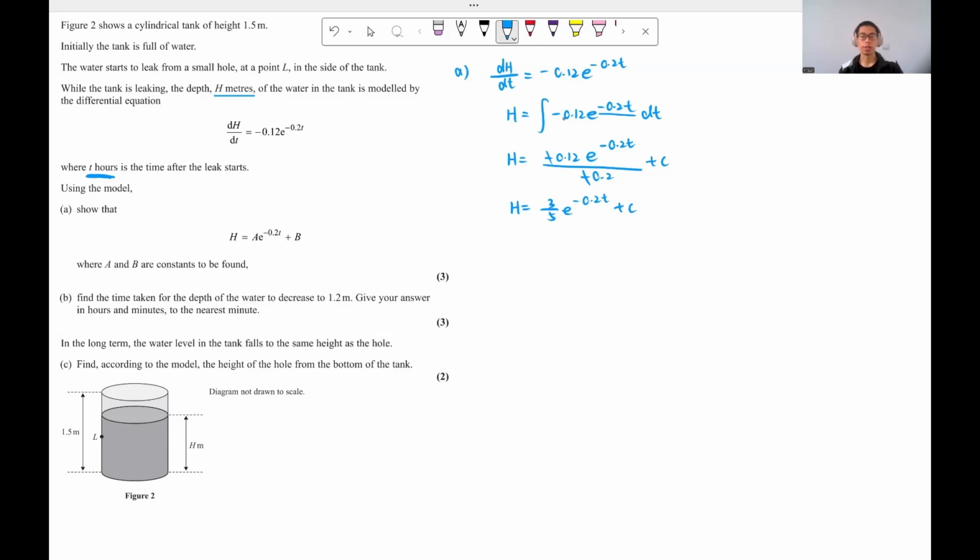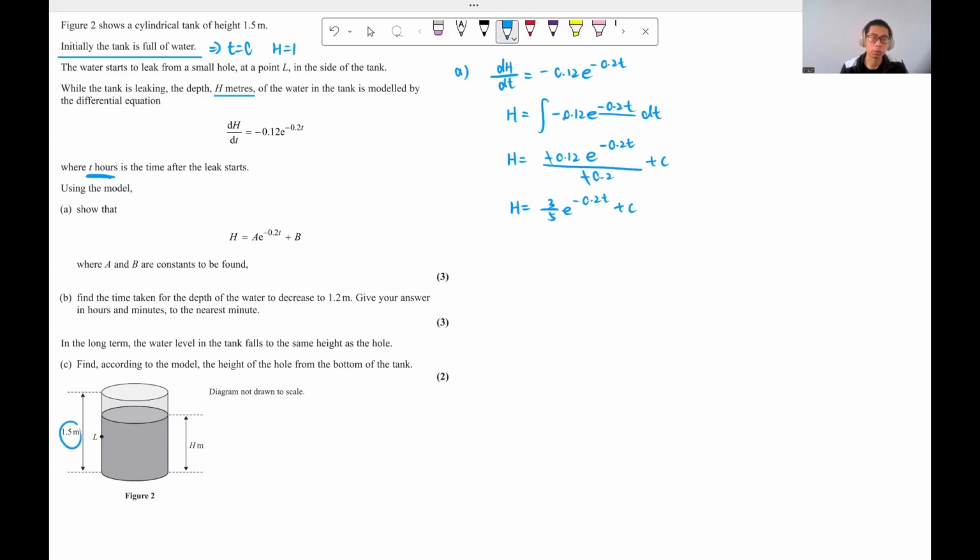And now we need to find the value of c. It says initially the tank is full of water. So that means when t equals 0, and the cylindrical tank has a height of 1.5 meters, if it's full of water, the height of the water should be 1.5 meters.